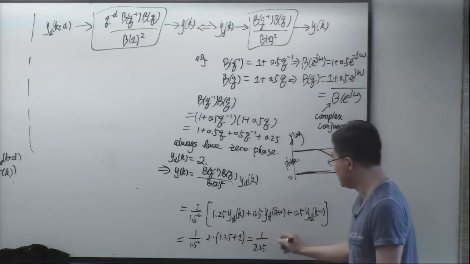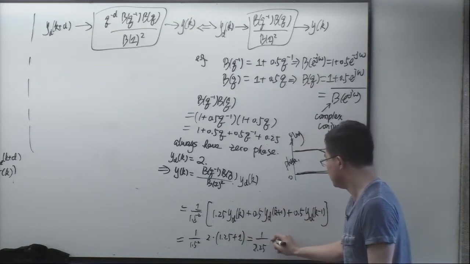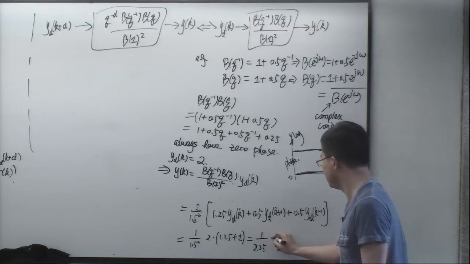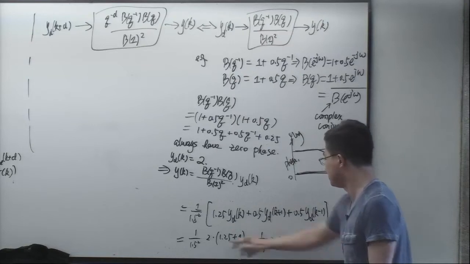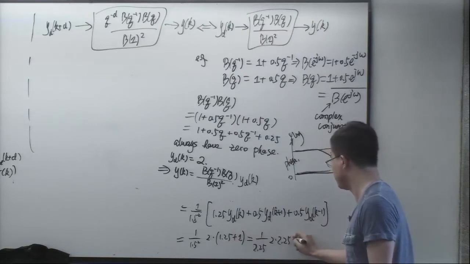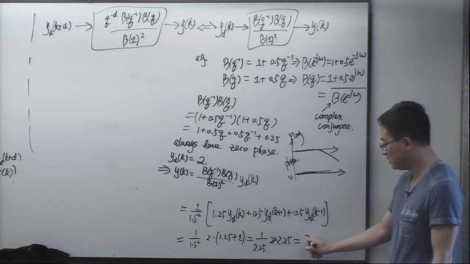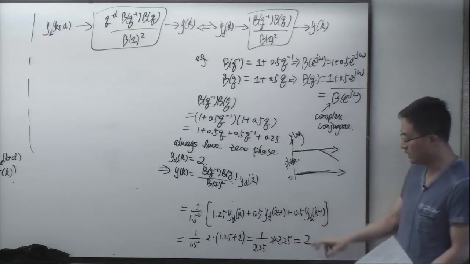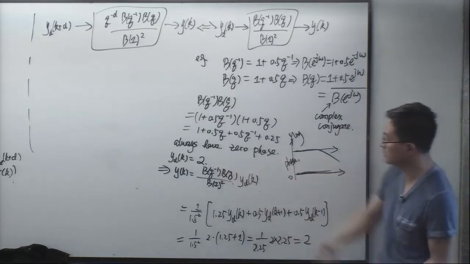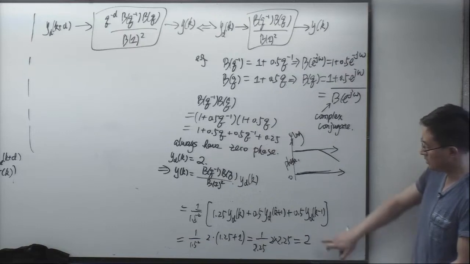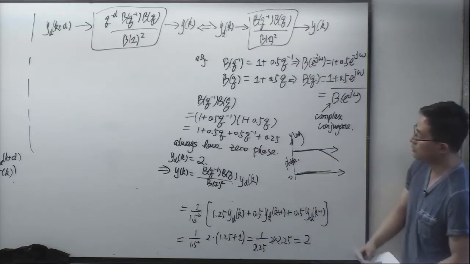Then this is 2 times 2.25. It equals 2. It equals the reference. All right? So you get perfect tracking if it's a constant reference.